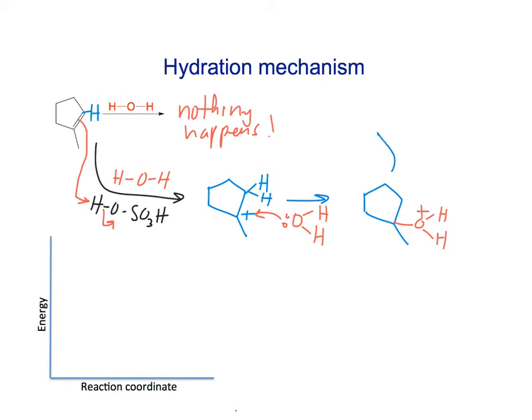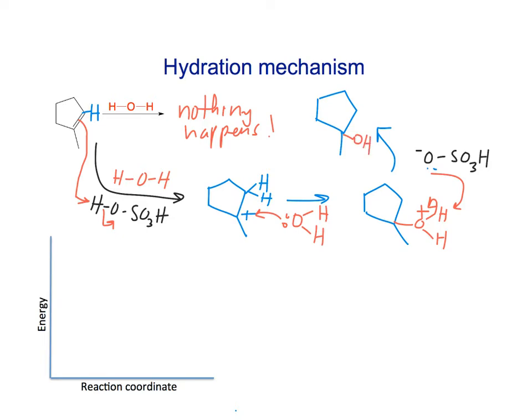And to get to a product, we need to deprotonate that. And we can use the conjugate base of sulfuric acid. Goes like this. And we get to our final product that has an OH here.